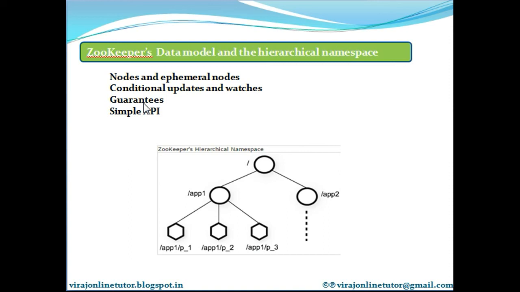So these are the different guarantees it provides. First is sequential consistency. Second, atomicity. Third, it gives a single image of the entire system irrespective of which server you are talking to. Fourth, reliability. And fifth, timeliness.